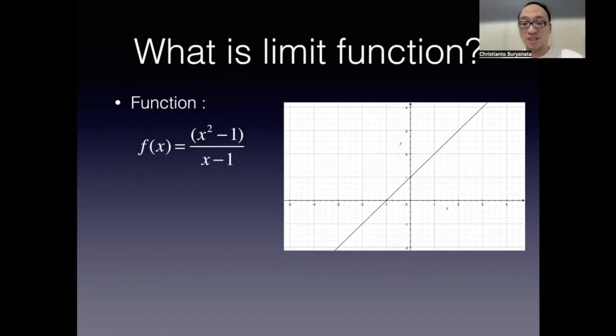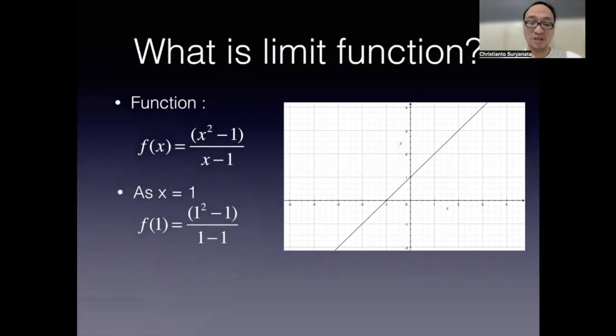But if you notice, when we try to put x equals 1 into the equation, we have f(1) equals 1 squared minus 1 over 1 minus 1. And this equals 0 over 0. So this is undefined.